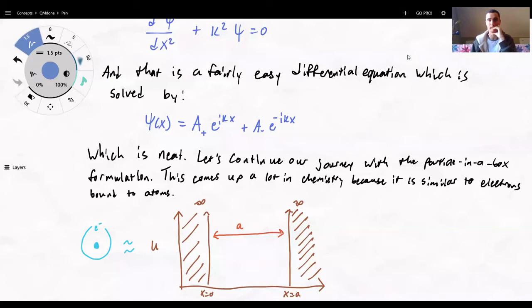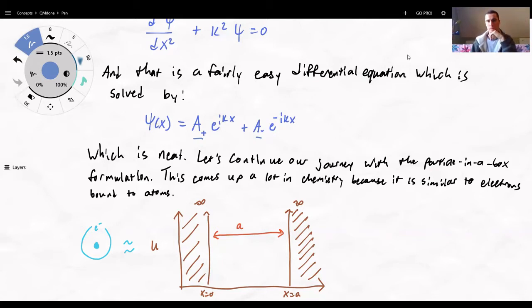And the solution is going to be the wave function equal to some constant, A plus, times e to the ikx, plus another constant, A minus, times e to the minus ikx. So there's two different components here. And that is going to be our general solution to a free particle for quantum mechanics. So that's cool.